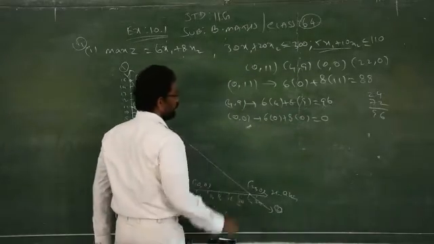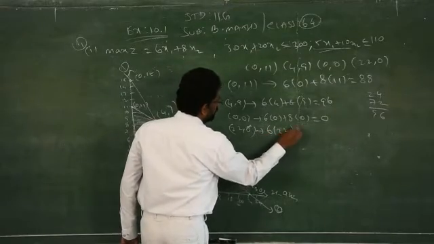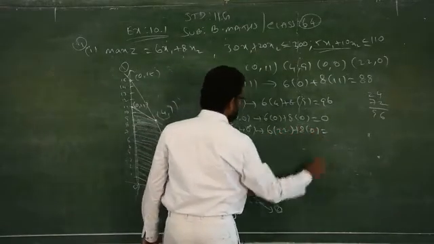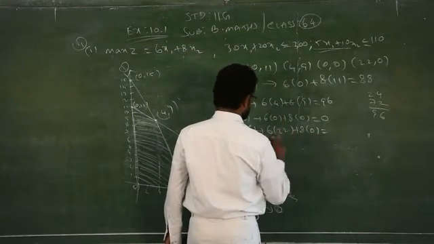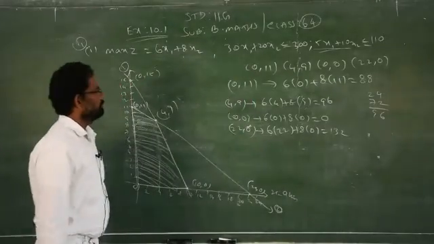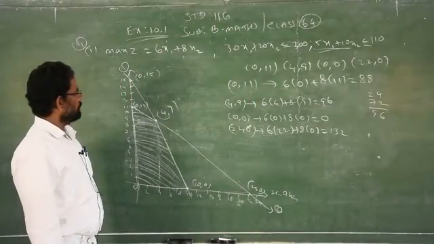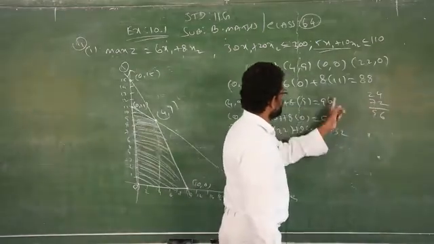Answer is 0. What is the last point? 22, 0, which gives 6 of 22 plus 8 of 0. 6 twos are 12, so 132. Just add.